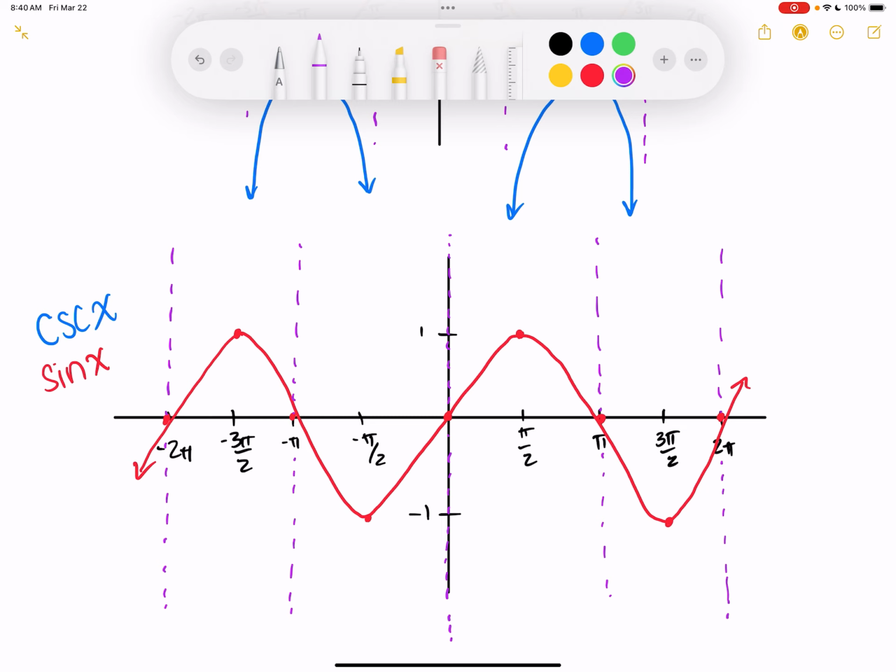And then the shape is exactly the same as secant. So we find the dots here that are at 1 or negative 1, and we're drawing U's again. So it will look like this.